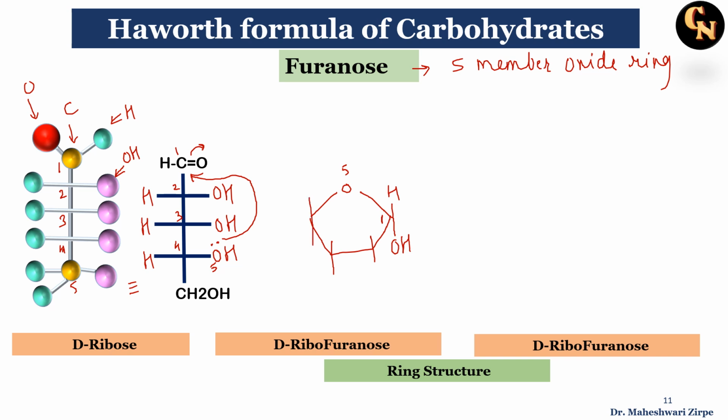Here you can show OH, H of the second carbon, and because all OH are on one side, we can show all OH on the bottom side of the plane.